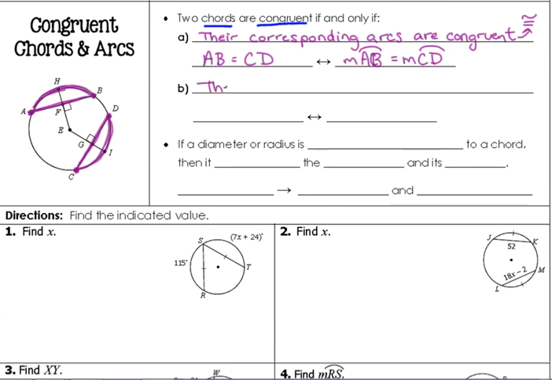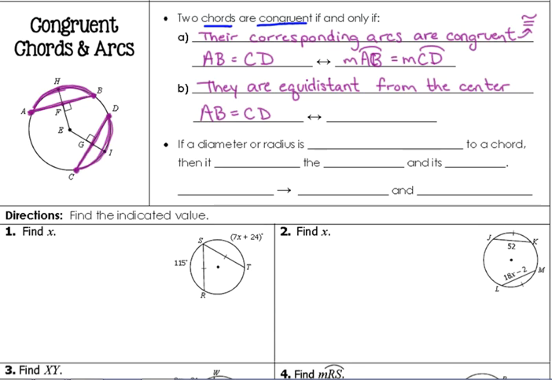Now, there's another way that we can know that chords are congruent. If they are equidistant, remember we used that term just a couple of weeks ago when we were doing centers of triangles, the same distance from the center of the circle. So again, AB is equal to CD. Two chords are congruent if they're equidistant from the center.